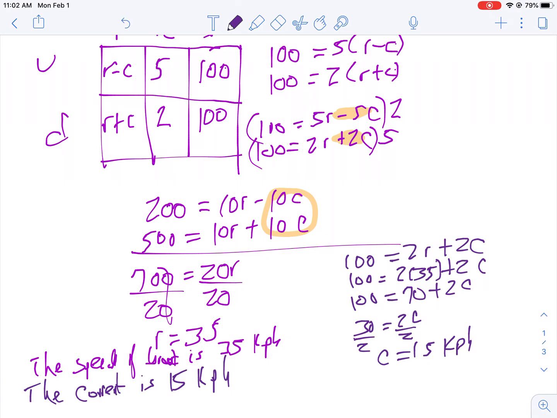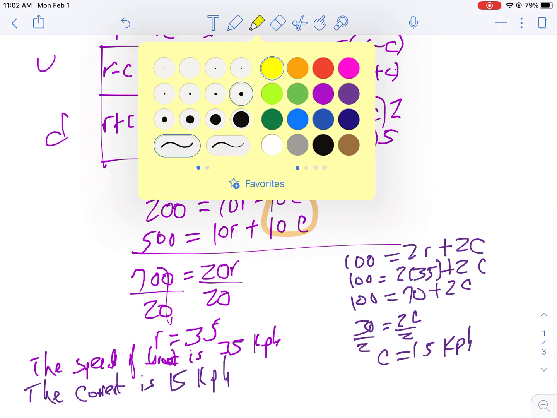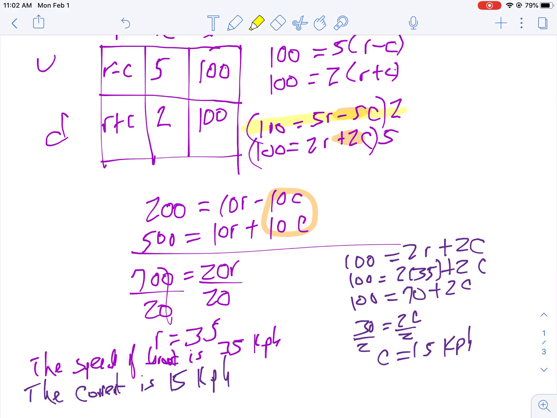Now, we could have done this problem using Desmos, because I said you can use your graphing calculator, which means you can use Desmos. I am going to take my two equations right here, and I'm just going to graph those. So 100 equals 5r minus 5c.